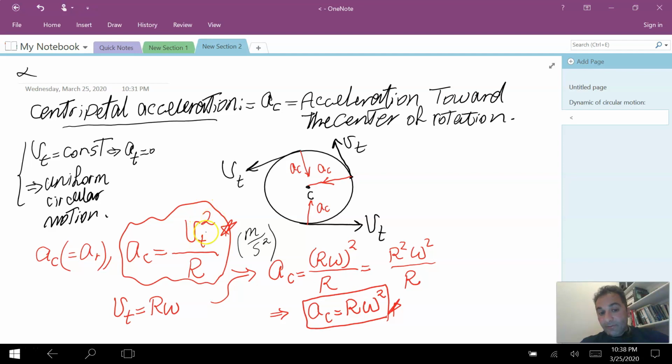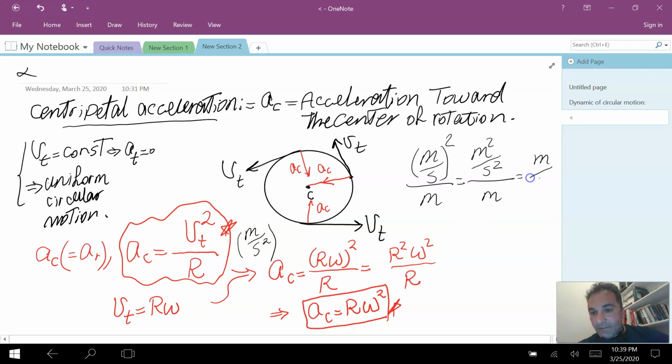So it will be meter square divided by second square. Then that divided by meters, makes sense? So the answer will be meter square divided by second square divided by meter. So this will be meters per second square. Correct?